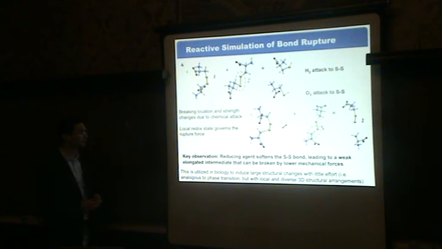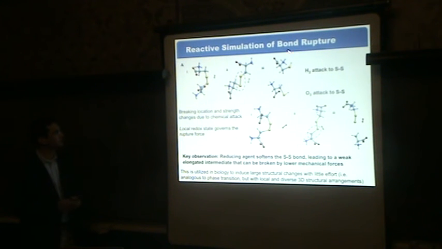And this idea is utilized in biology to change these crosslinks very easily. You apply a little bit of mechanical strain, and then you apply a chemical signal that tells the sulfur bond that, in a reducing environment, it is supposed to break. Then you can rearrange the molecule and refold or change the shape. This is utilized in biology.